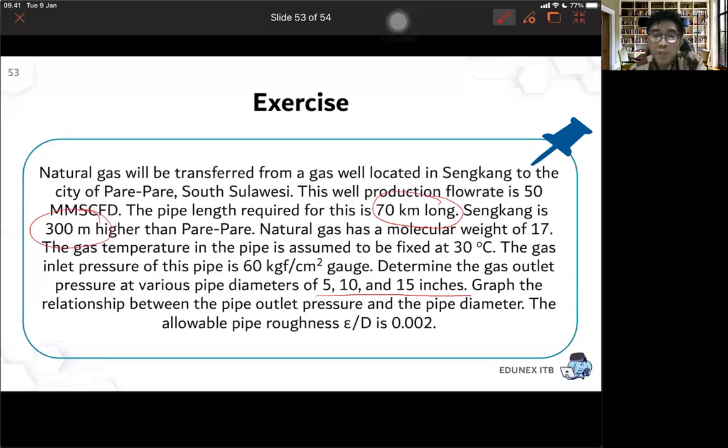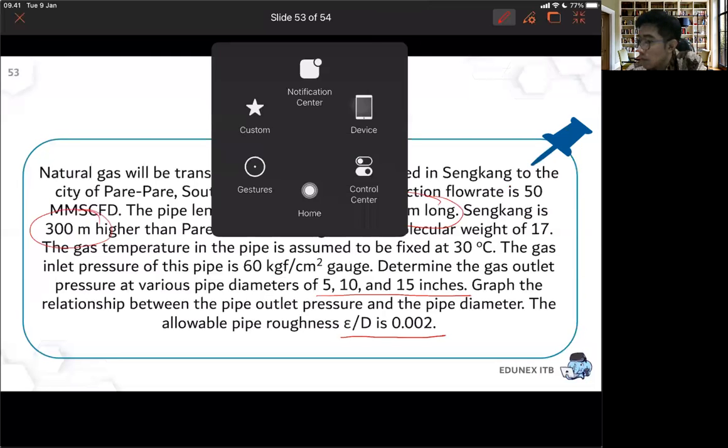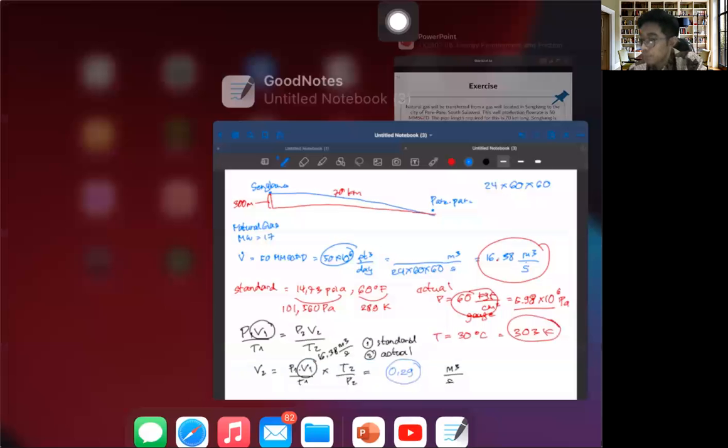Three different pipes mean the pipes have three different diameters. First is 5 inches, the second is 10, and the third one is 15. And the pipes have epsilon over D of 0.002. So what you need to calculate after you find the flow rate?